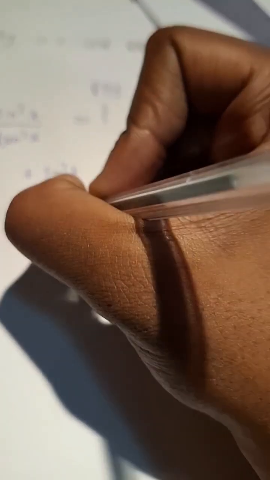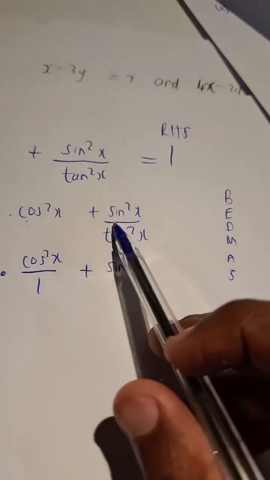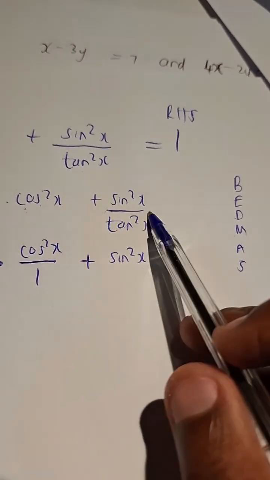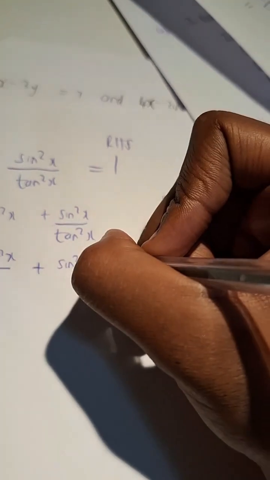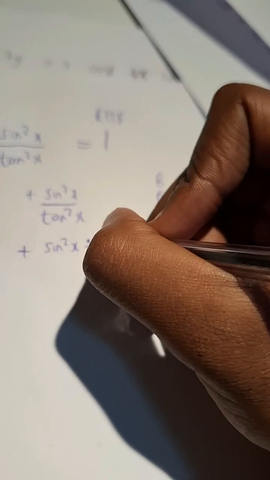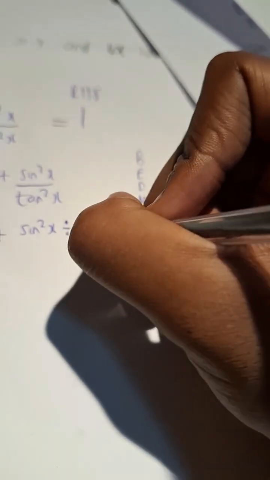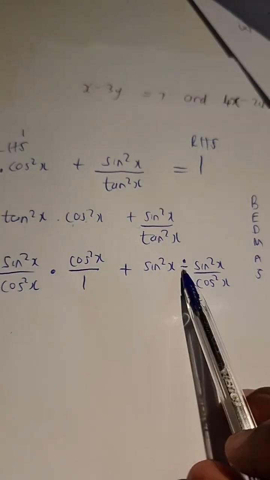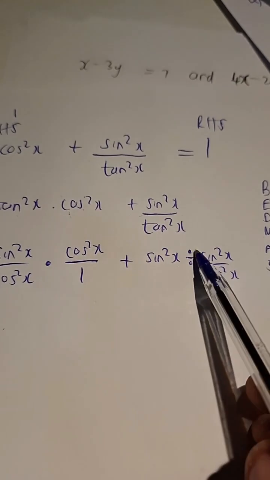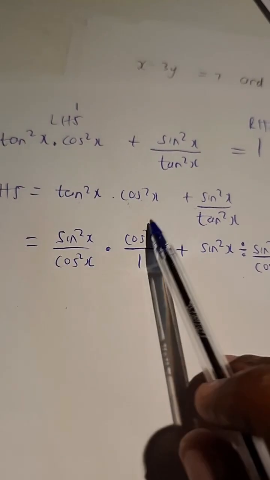Now guys, this here is the division line. So I'm going to say divide by tan squared x is sine squared x over cos squared x. I'm doing this deliberately because I can see that there's a potential simplification of these two and these two before I add.